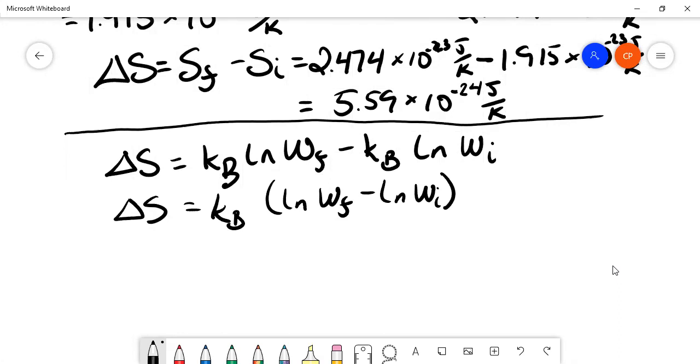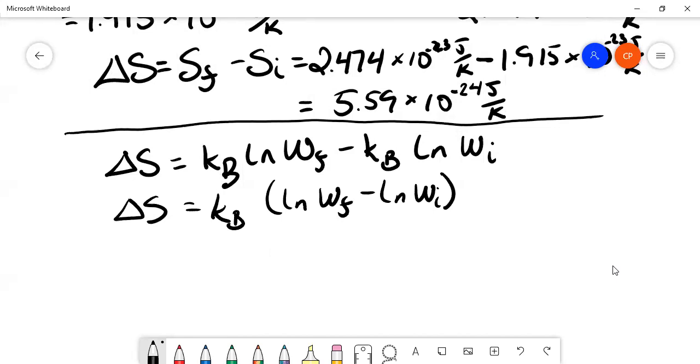It turns out that there's a property of natural logarithms and other logarithms where if you subtract one logarithm from another logarithm, it's the exact same mathematical function as taking the logarithm of the first divided by the second.